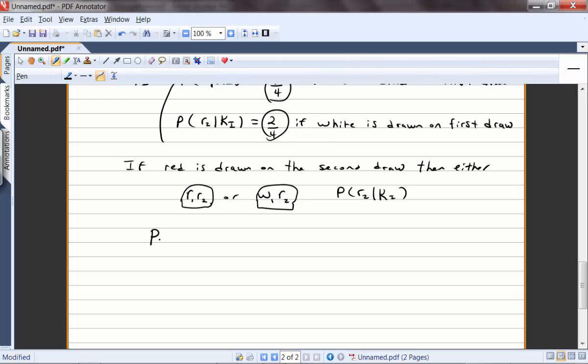So, there's a product rule for probabilities. It should make sense to you. The probability that red is drawn on the second draw, given our knowledge that we know initially, is equal to the probability that this happened plus the probability that this happened.